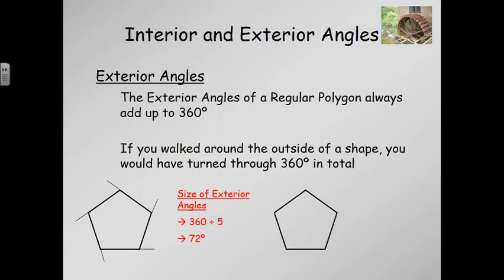The other way we could do it is that we could use the fact that interior angles and exterior angles are on a straight line, and we know angles on a straight line add up to 180, so taking from the slide before that an interior angle on a pentagon is 108 degrees, if we take that away from 180, again, it gives us 72 for our exterior angle. So two ways of working it out. It's nice to be able to work interchangeably between interior and exterior angles. So if you have one, you can calculate the other.